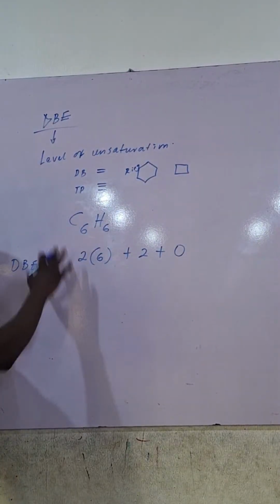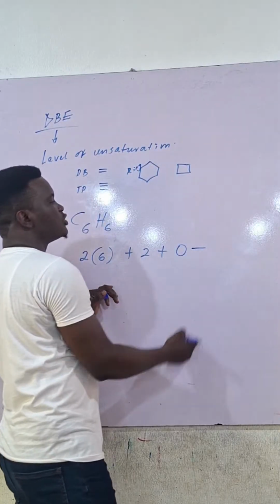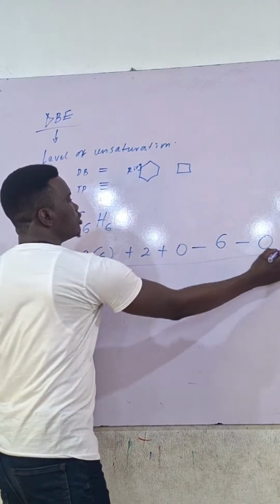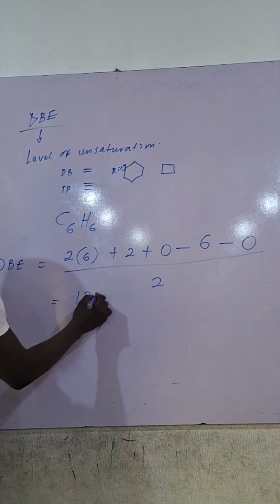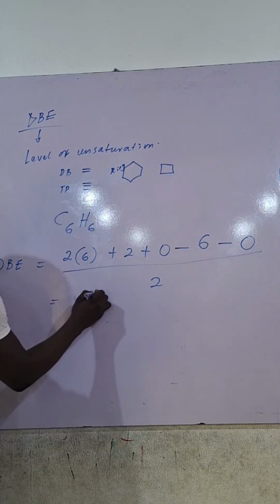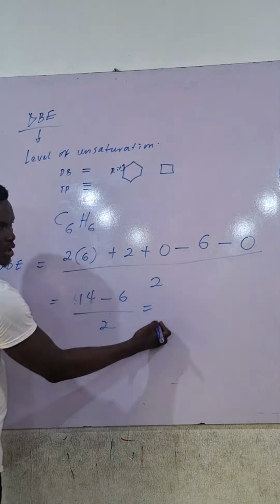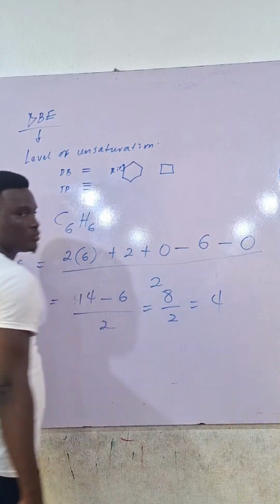We want to know the number of structures possibly present here. Do we have hydrogen? Minus 6, minus, we don't have halogen, all over 2. 2 times 6 plus 2 is 14, minus 6. That will give us 4.